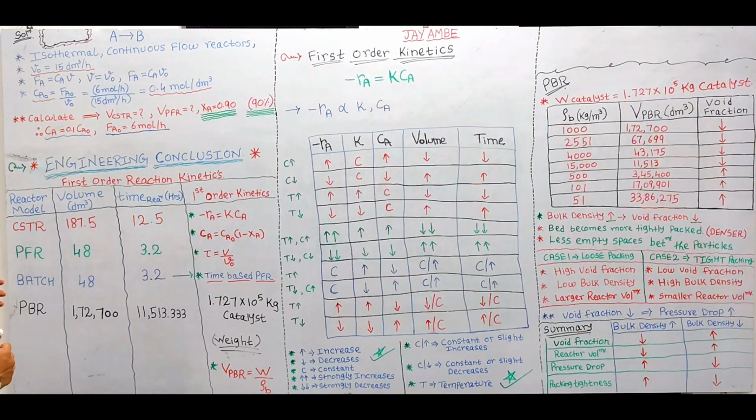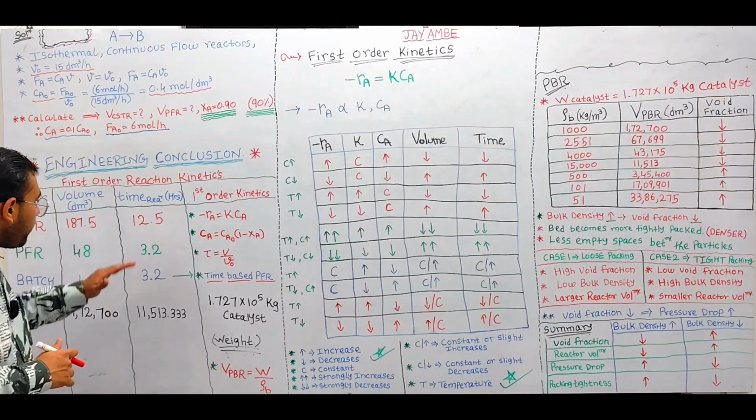As compared to the other three reactor models, the packed bed reactor requires a very large reactor volume. The CSTR requires 187.5 cubic decimeters, and the plug flow and batch reactors require 48 cubic decimeters. But if we select the packed bed reactor, we require 1,72,700 cubic decimeters, which is a very huge volume in comparison with the other three reactor models.